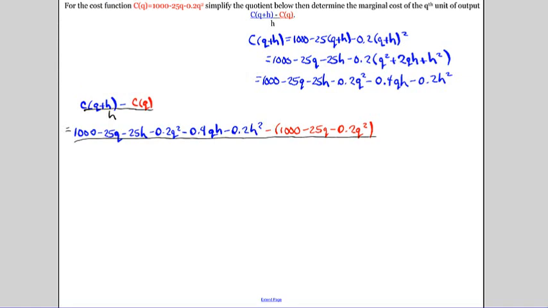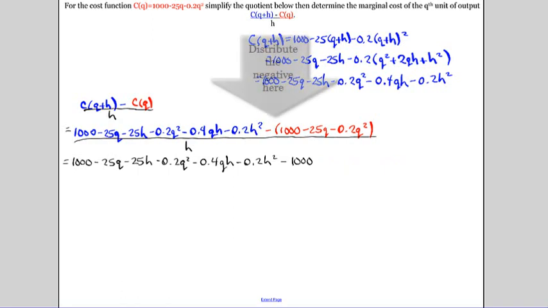And remember, the quotient has the whole thing divided by h. So I'm just writing everything out, and I'm going to switch to black because we don't need to distinguish. And in this step, I'm going to distribute the negative into the last bracket.